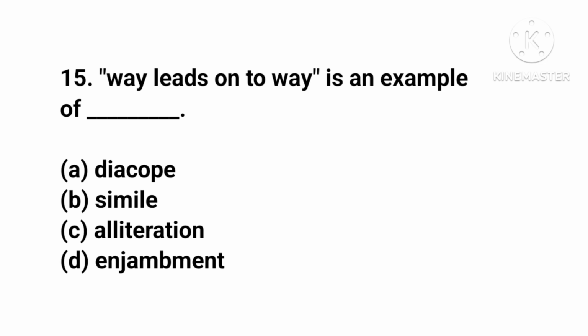Dicope is a kind of repetition. So, way leads on to way is an example of dicope because you have two similar words that are separated by a few words in between. It begins with way, it ends with way, and you have a few words, leads on to, in between.